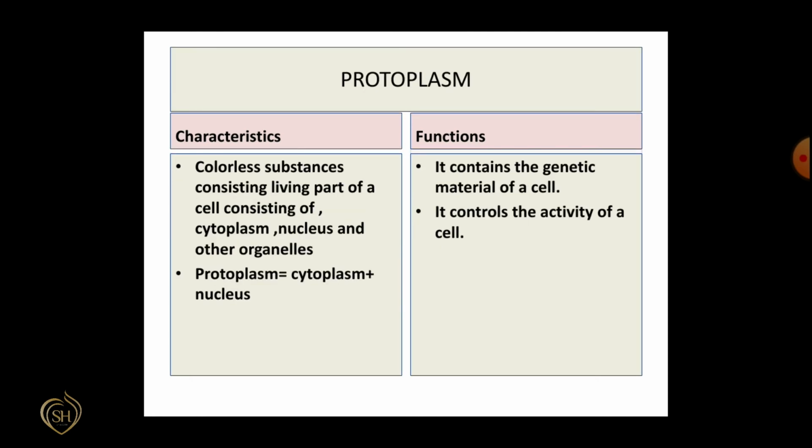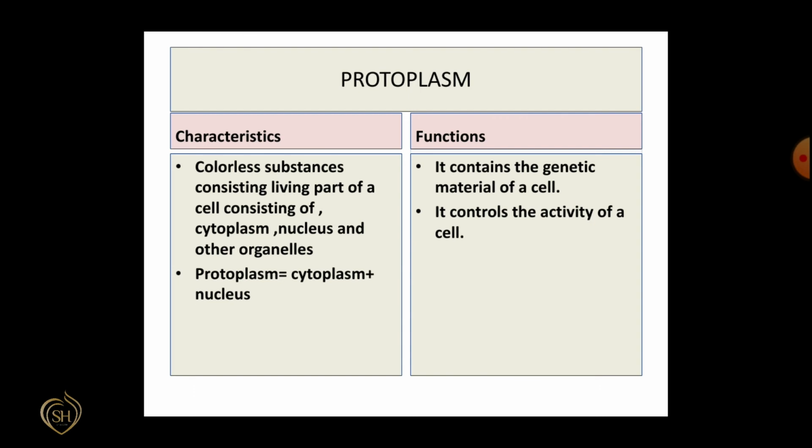Let us discuss protoplasm and cytoplasm. Firstly, we are discussing protoplasm. It is the colorless material consisting of the living part of a cell, including the cytoplasm, nucleus, and other organelles.